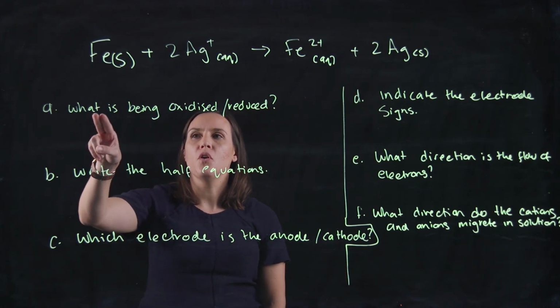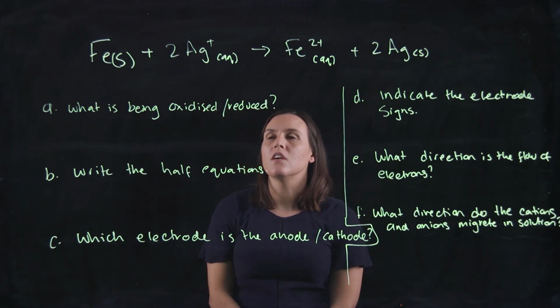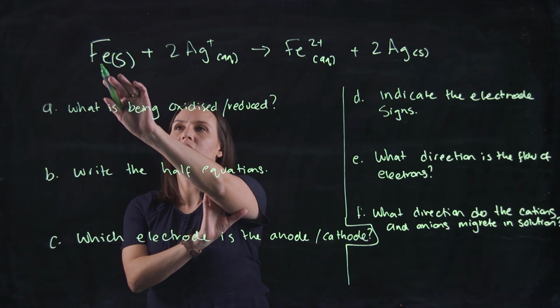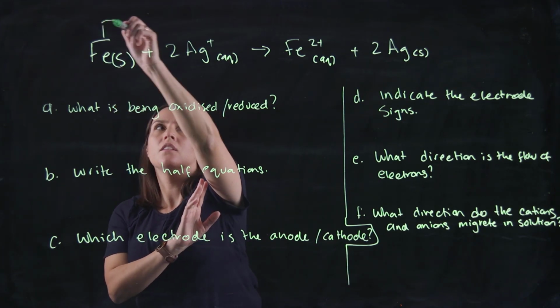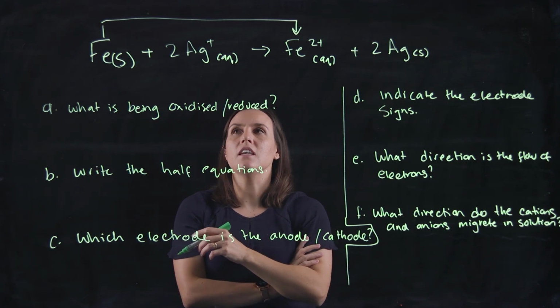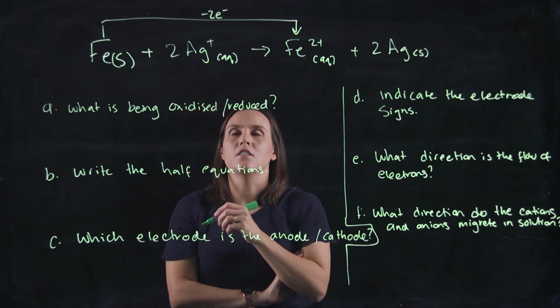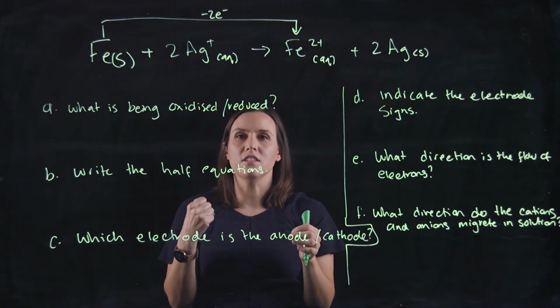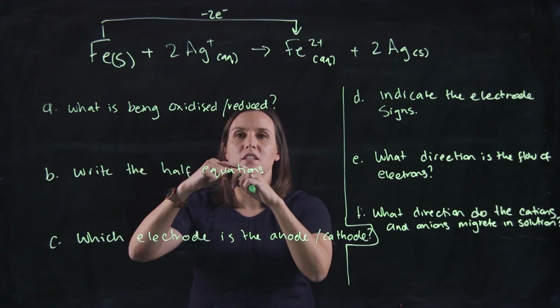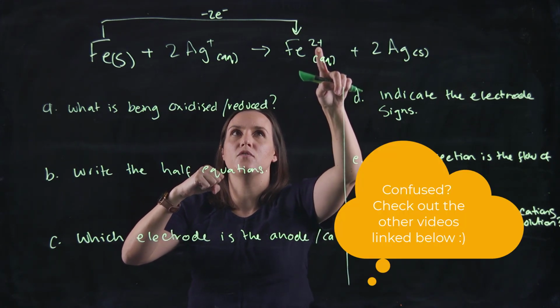So first of all, which species is being oxidized and which is being reduced? So if we look here, we've got Fe solid going to Fe2+. So in this process here, we've got minus 2 electrons. If we're losing 2 electrons from a neutral compound, the charge will become more positive by a factor of 2.